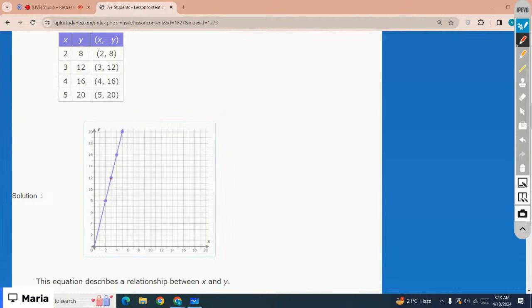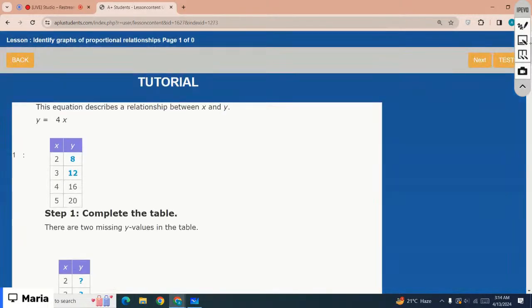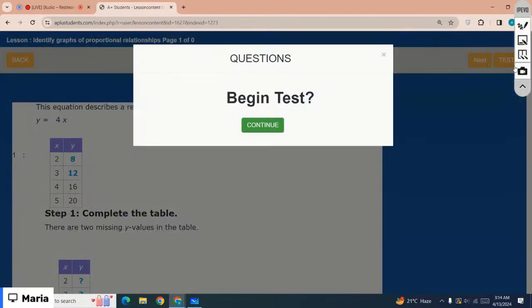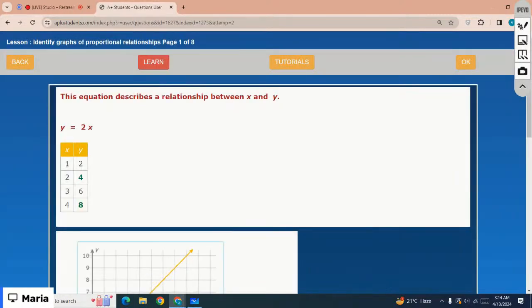Okay, let's just start. This equation describes the relationship between x and y.